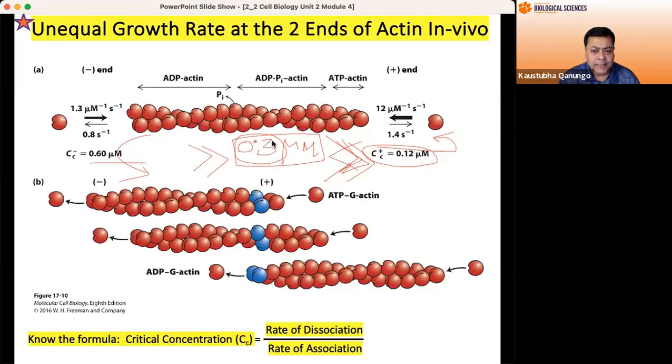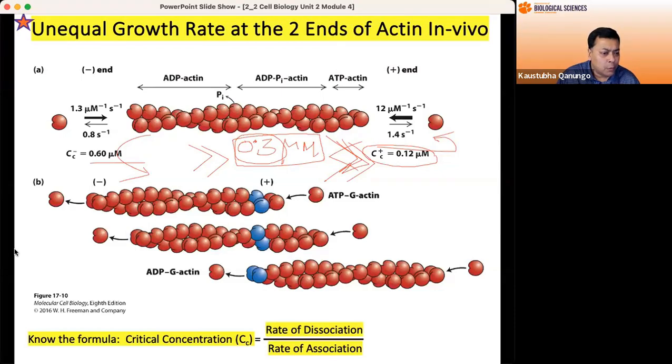And this is higher than this value, but lower than this value. As this is higher than this, there will be an addition. As this is lower than this, so remember that this 0.3 that we wrote here is the concentration of the globular ATP G-actin. And this is the critical concentration at the plus end. This is the critical concentration at the minus end.